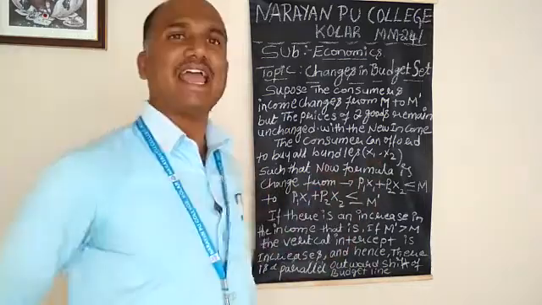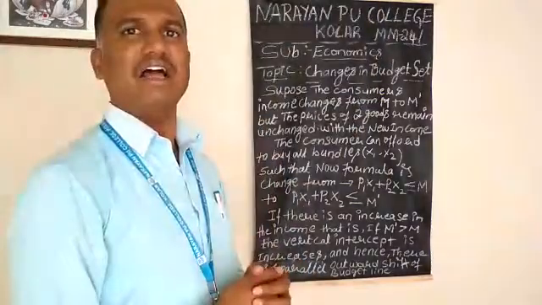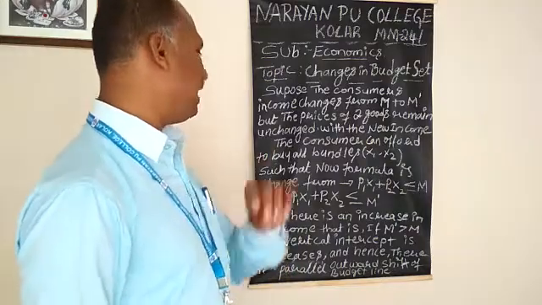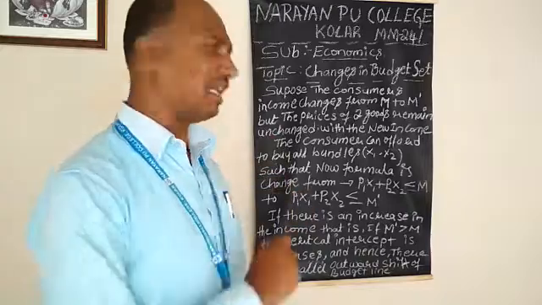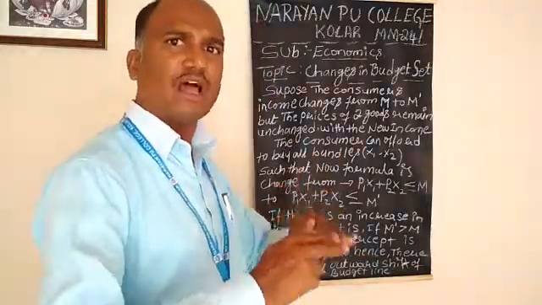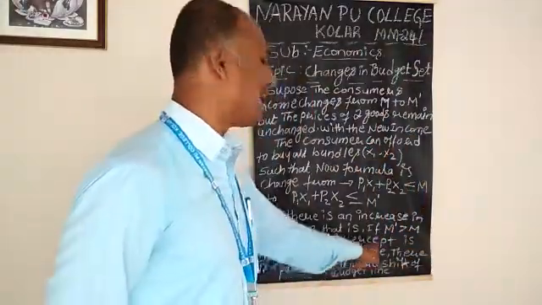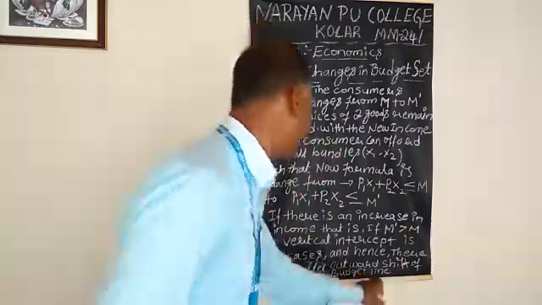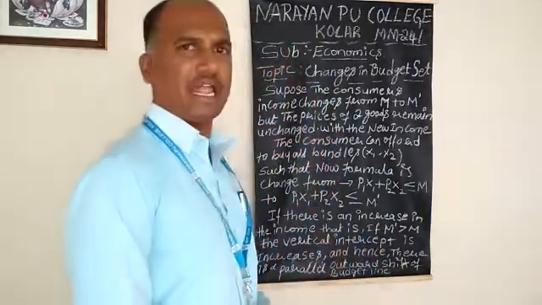If there is an increase in the income of the consumer, the vertical intercept of the budget line increases, meaning it shifts outward. So the intercept increases and hence there is a parallel outward shift of the budget line. This point is very important.